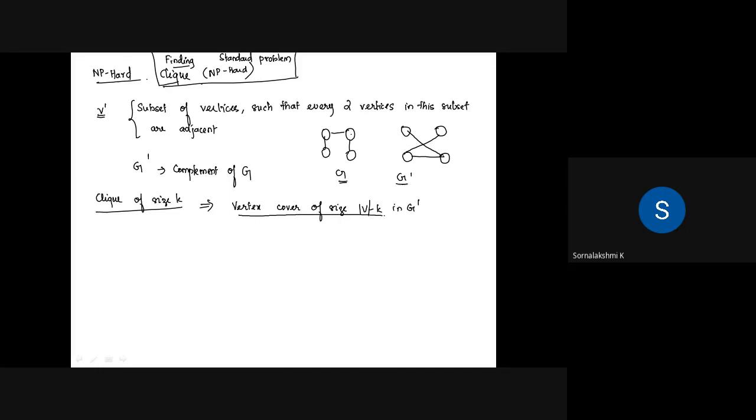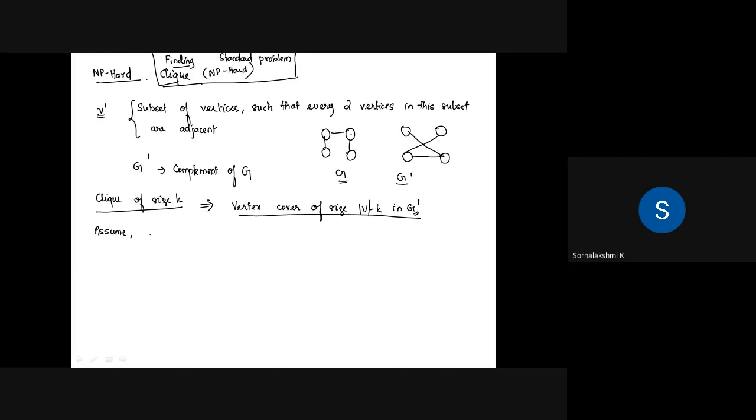So this is the proof that we are going to do. Finding a clique of size K can be reduced to finding a vertex cover of size V minus K in the complement graph. For that we'll consider a very simple assumption that will help us.